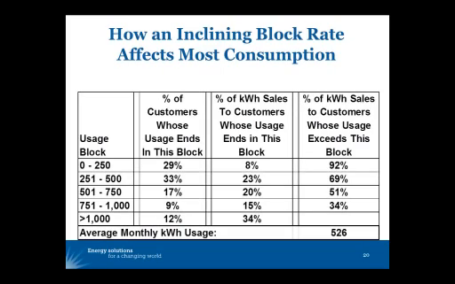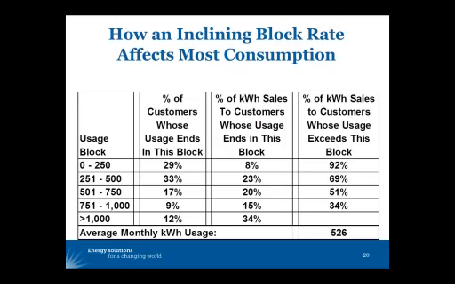So for this utility, if we set an inclining block rate at 50% of average use, 250 kilowatt hours, 8% of the consumption would be subject to a lower price and an incentive to use more, and 92% of the consumption would be by customers over 250 kilowatt hours who in that inclining block rate design would have an incentive to use less electricity.